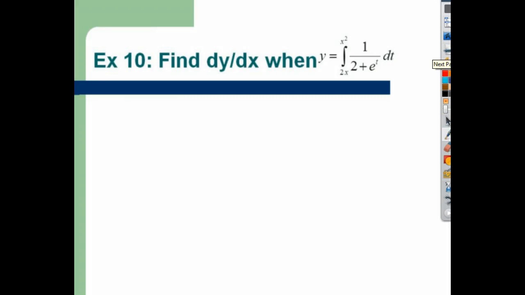What happens here? You don't have a constant now on the bottom. Think about what we did over there. We went from A to B minus A to C, right? Where A was the constant.